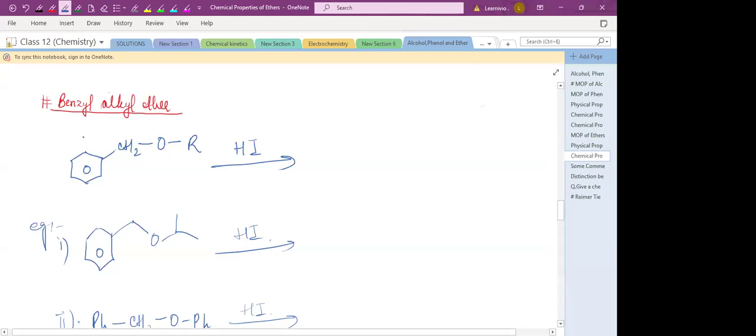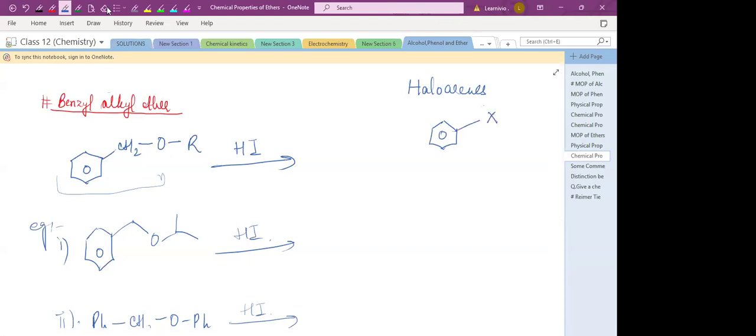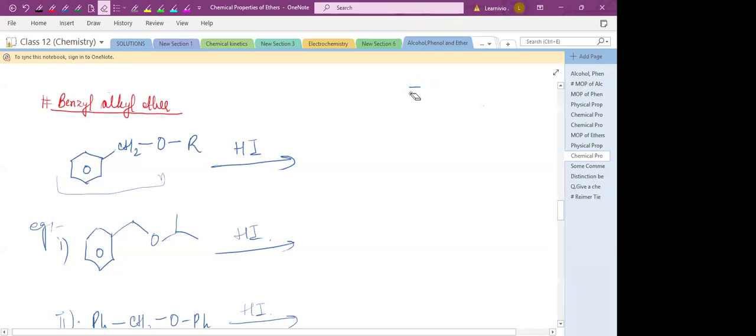See, this group is known as benzylic group. When any group like your halogen, when we talk about haloarenes, what is haloarenes? When the halogen group is attached directly to the benzene ring.